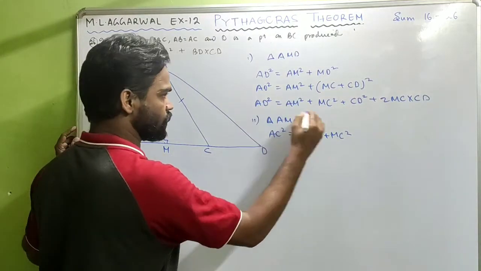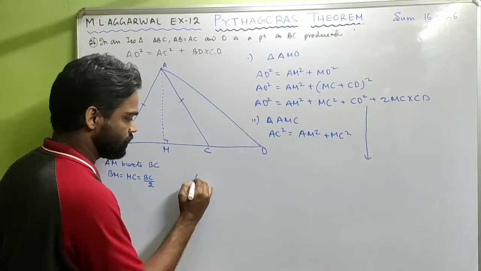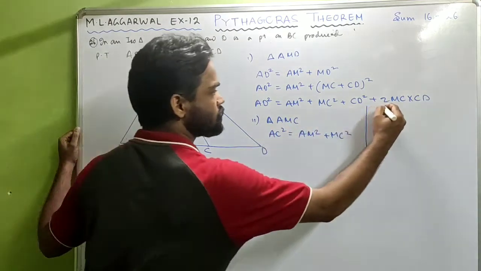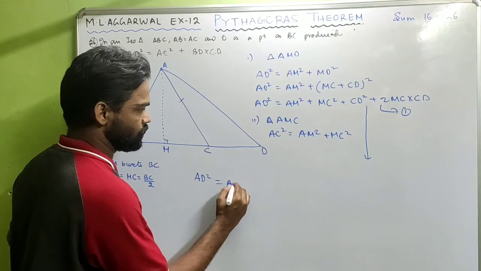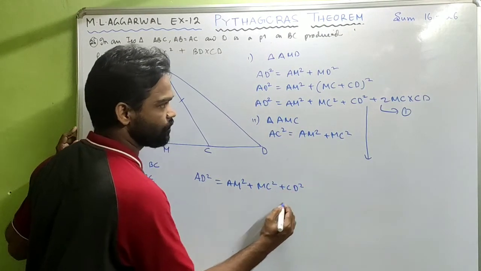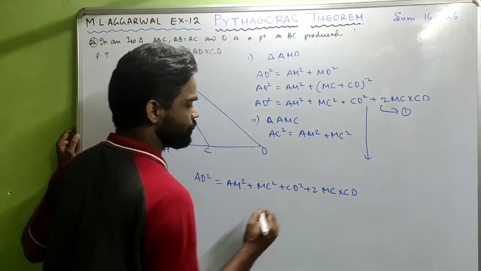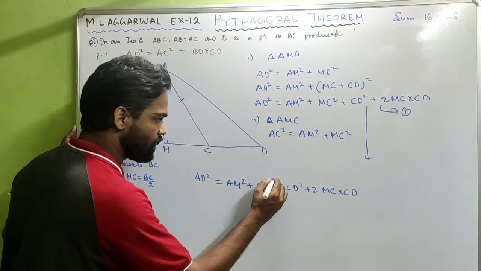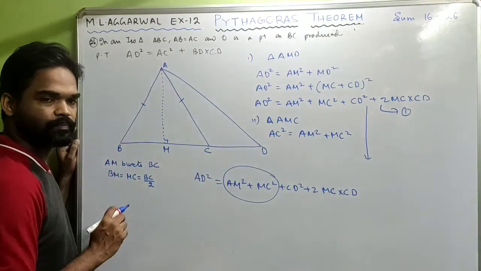Now back to this equation. Just look over here. We had equation 1. Suppose this is equation 1. We had AD square is equal to AM square plus MC square plus CD square plus twice MC multiplied by CD. Now look, instead of AM square plus MC square, can I write AC square?